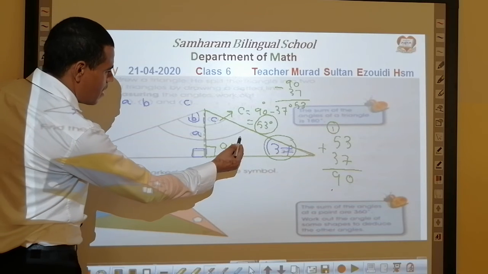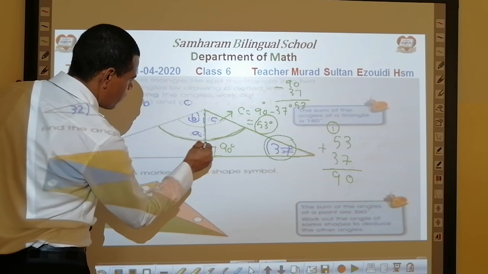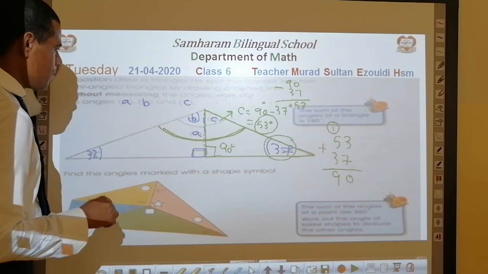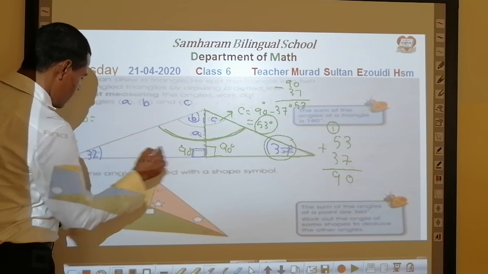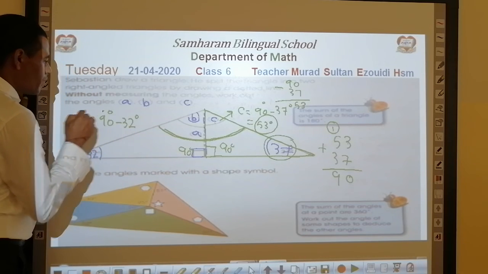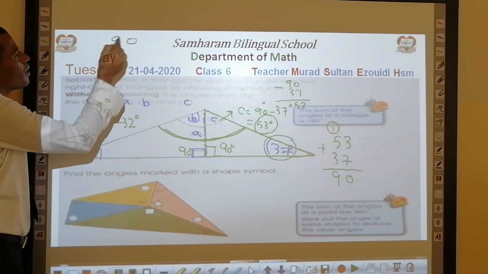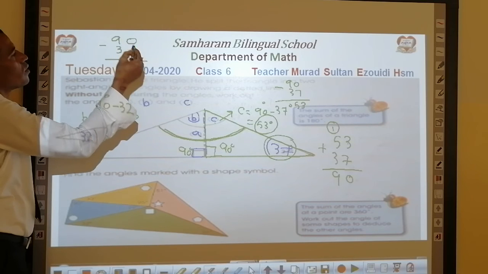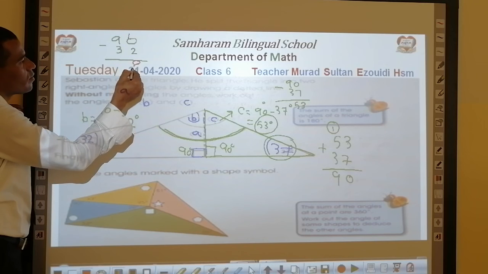This one is A. I thought this one is A. All of this is A. Okay? Now let's find B. B is the same. This is 90 degrees minus 32. 0 minus 2 is not possible, I will borrow 10 minus 2 is 8.